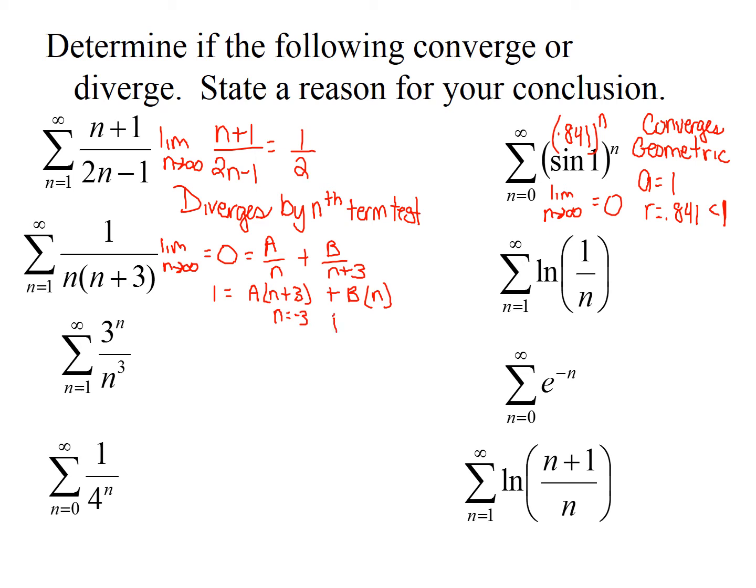We get B is -1/3. Let n equal 0. We get A is equal to 1/3. And when I write this as 1/3 of n, I don't know why I wrote that parenthesis, plus or minus 1/3 of n plus 3.